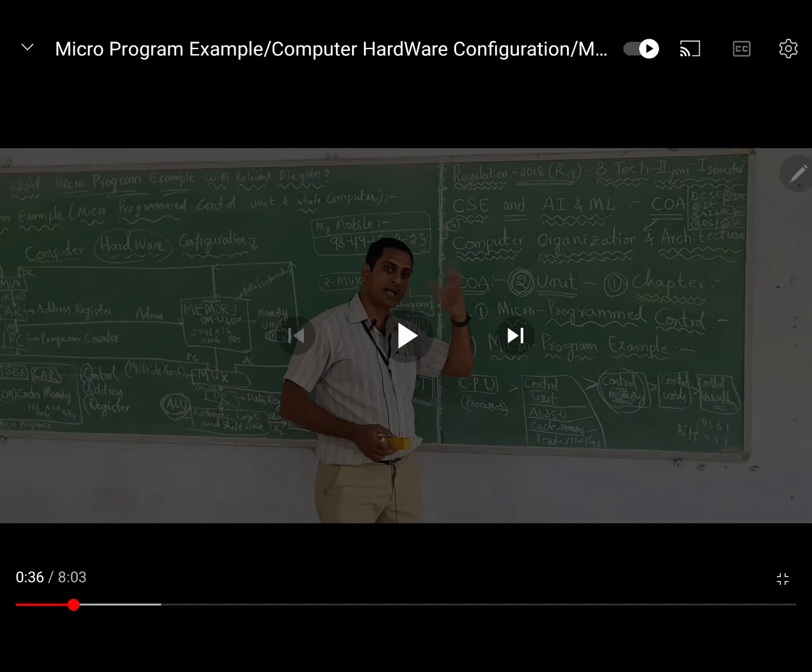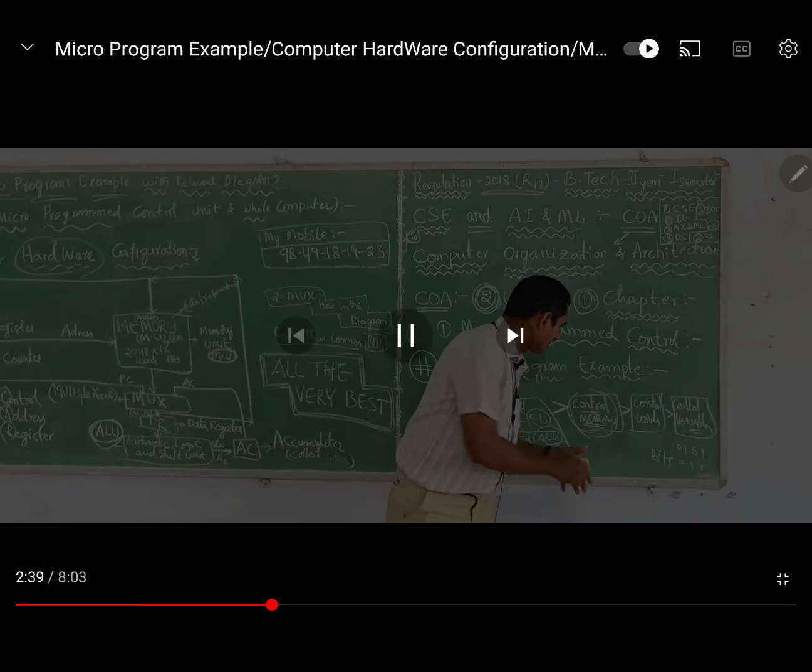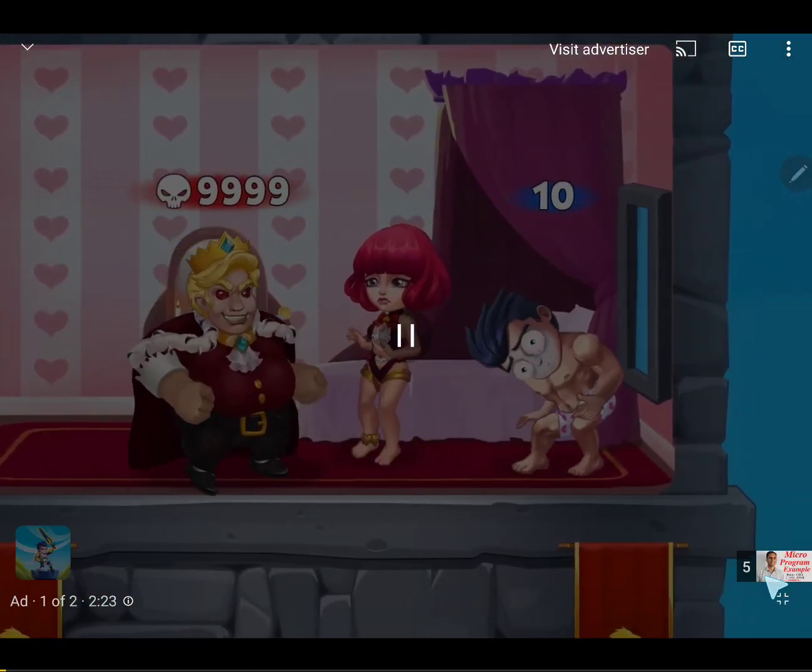See here, for every topic I am telling which chapter and which topic it is from, so that you get an idea of which question it is. If you know those topics, you can skip a little bit if you know the basic points. Design, then after control words, the diagram is important.